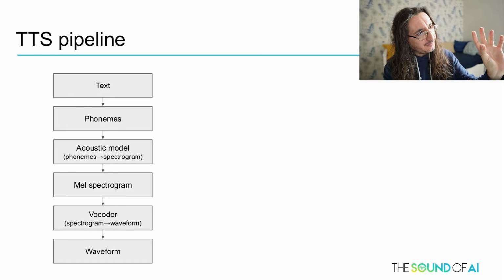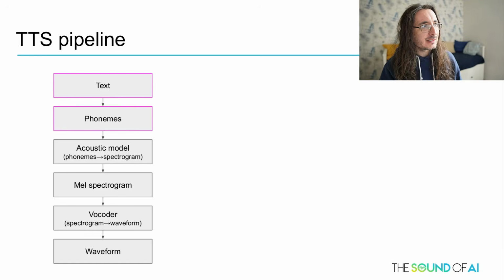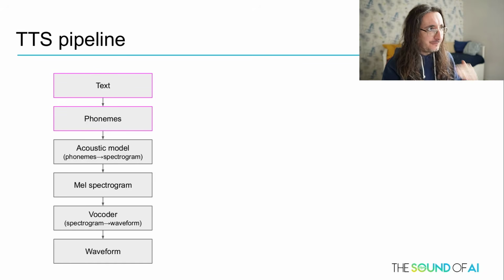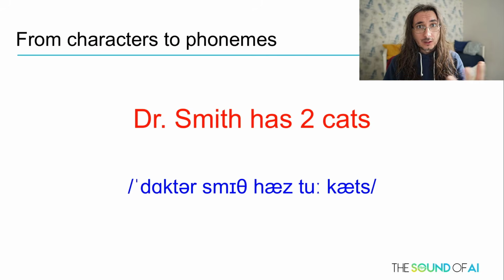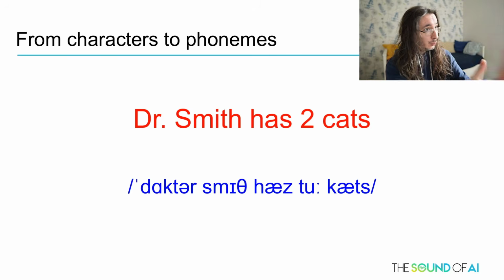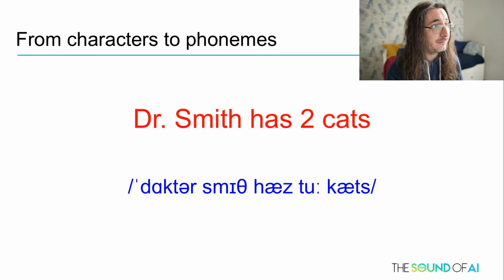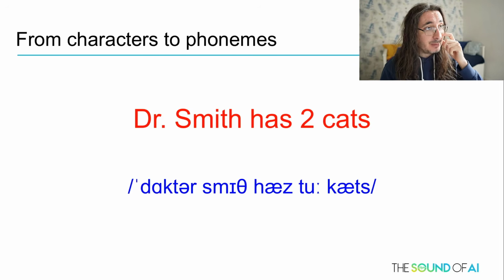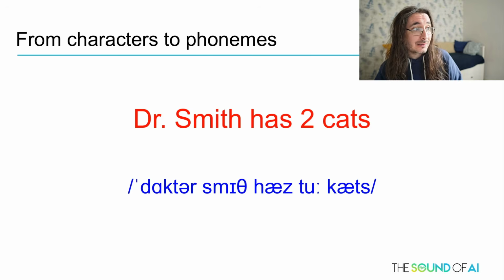So what we're going to be focusing on today is this first part: text to phonemes. What this means is basically we want to move from characters to phonemes. And we have an example of a phonetic transcription here. The sentence is, Dr. Smith has 2 cats.